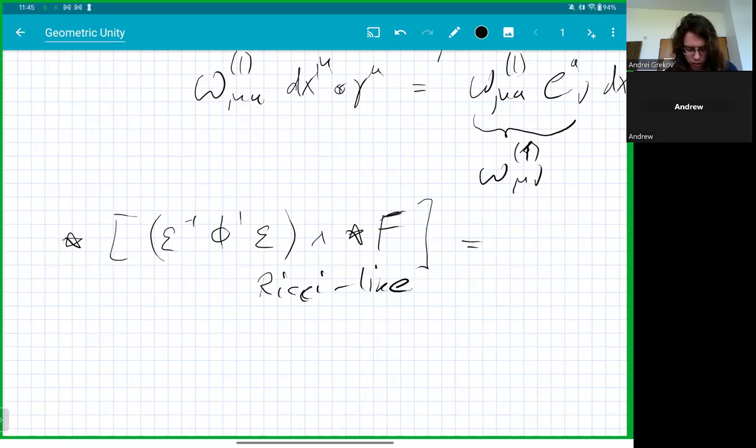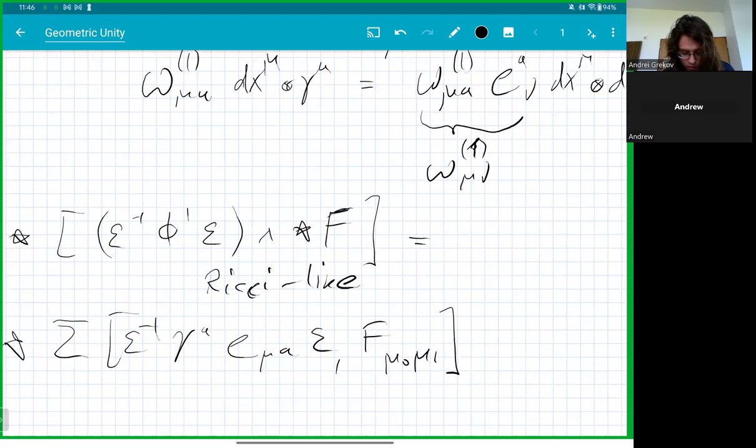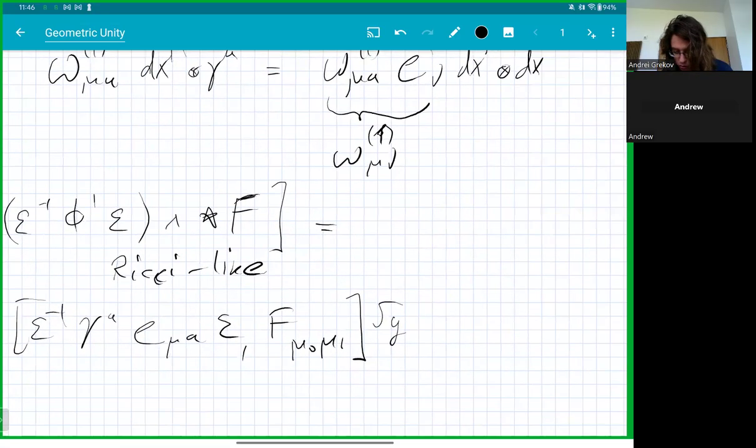So if I apply the first star, I will get something like this: mu a epsilon f mu 0 mu 1. There is a metric, again a square root of the metric, but I probably will not write it anymore.